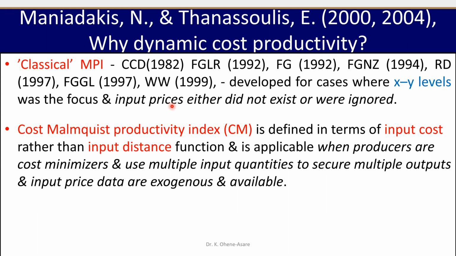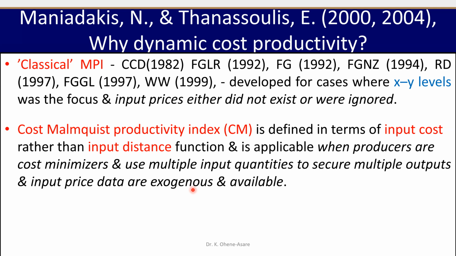In other words, even if they don't control the price, because remember the input prices are exogenously determined by the forces of demand and supply, by the invisible hand of Adam Smith, they are able to do something to the input so that when these inputs are multiplied by the price, cost is minimized.